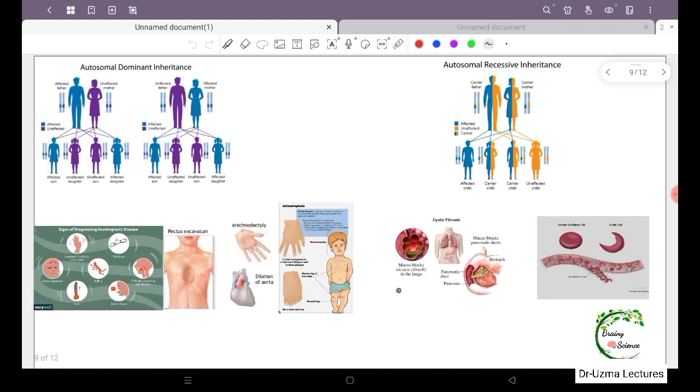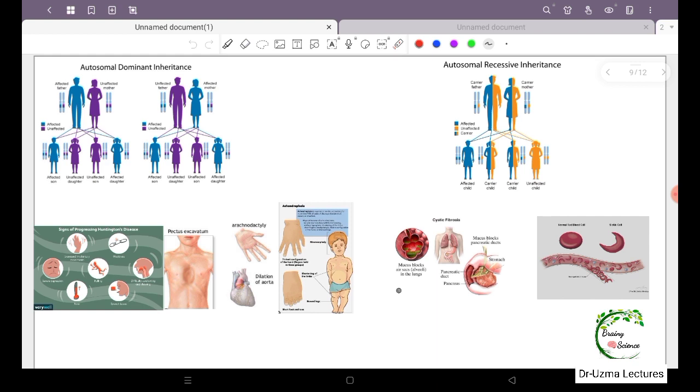Then let's see what autosomal dominant inheritance and autosomal recessive inheritance are. Over here there is a very simple diagram, where the father is affected and the mother is unaffected, or vice versa. In both cases you can see there is a 50-50 chance, meaning 50% of the children, whether a boy or a girl, won't be affected.